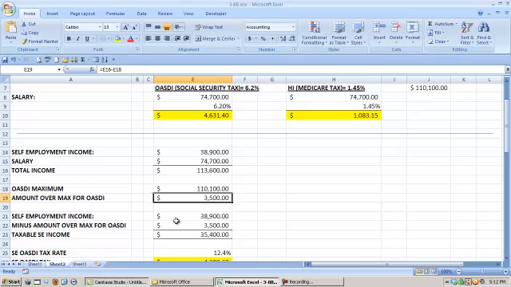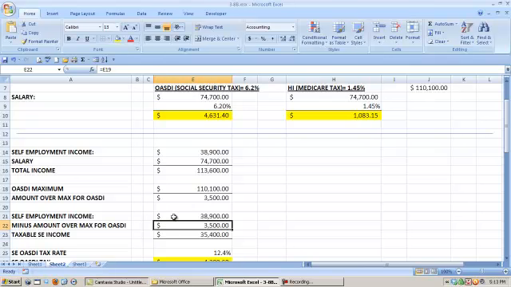So remember, he earned or netted $38,900 from his accounting work, but $3,500 of it is not going to be subject to the Social Security portion of the employment tax because it went over.